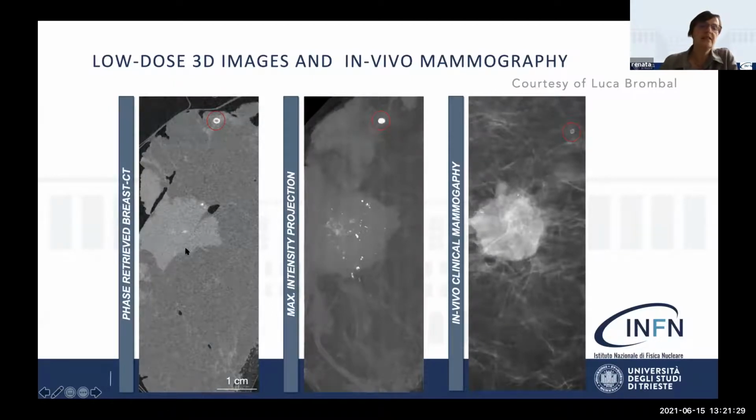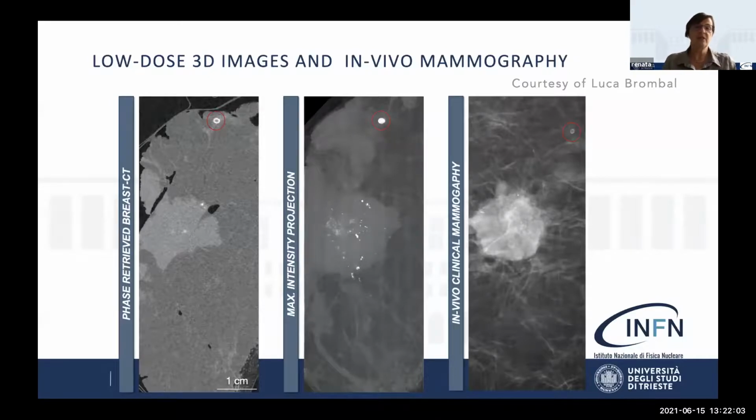This is a single slice in the same plane of the mammography, and this is the maximum intensity projection of the breast CT slices, and let us see that we detect a very large number of microcalcifications, a number that is much higher than the microcalcifications visible in digital mammography. And you know that microcalcifications are very important for radiologists in order to avoid undergrading the cancer.